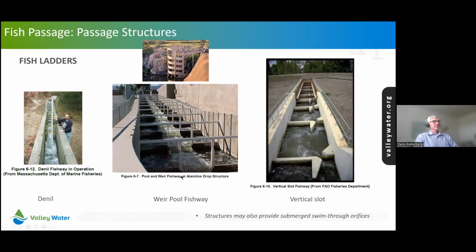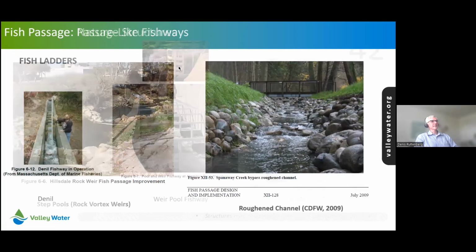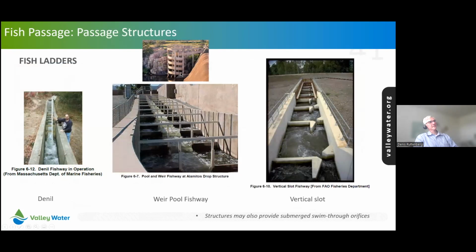You can put in a pool and weir fishway, with slots for low flow, to recover a lot of grade, and then a vertical slot fishway. There's a lot of different ones. This is kind of interesting. They made a spiral version of a whirlpool fishway, kind of like a parking garage. I'm not sure what the fish think about it.